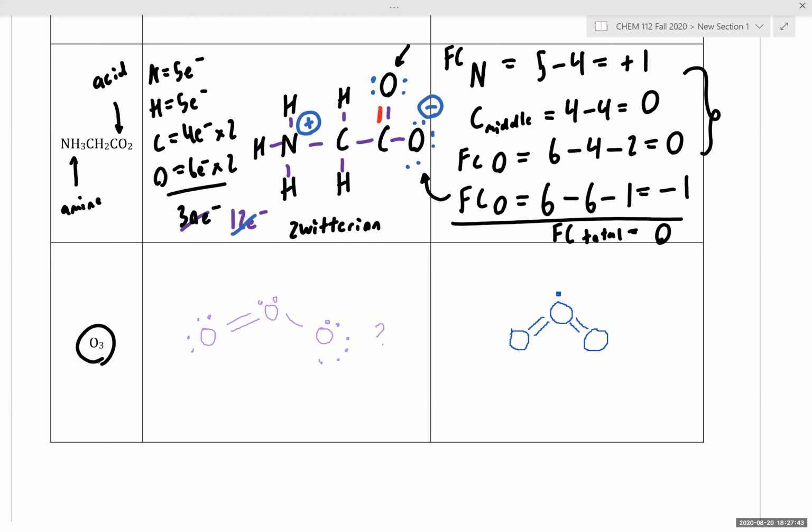Let's try to assign some formal charges, and then we'll discuss in about another minute to a minute and a half. And if anyone wants to jump in and provide any input on the drawn Lewis structures and assign formal charges on any of these 3 oxygen atoms, I'd greatly appreciate that in our class discussion.